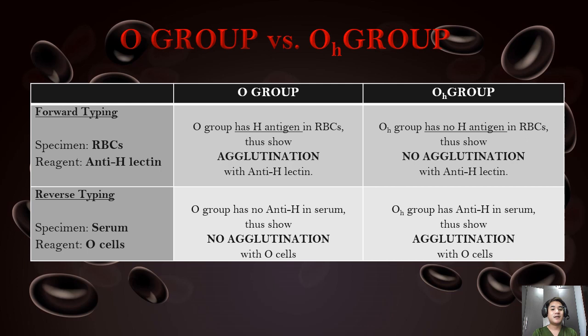It simply means that since Bombay phenotype does not have the H antigen on its RBCs, it produces your anti-H, and that's why RBCs of a Bombay phenotype will agglutinate your reagent O cells in the serum or reverse typing.